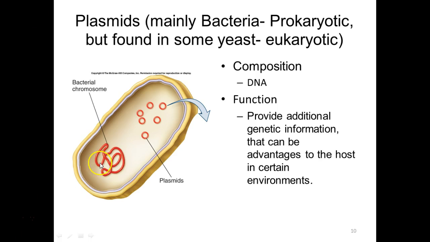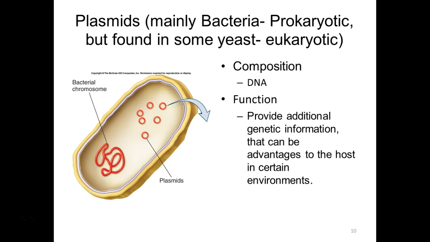So in this case, in the picture, the bacterial chromosome, this is additional DNA. So some bacteria have additional DNA in this form of what we call a plasmid. They typically tend to be circular, like you see here. They're smaller than the chromosome. And they usually carry information that is advantageous, gives advantages to the cells.